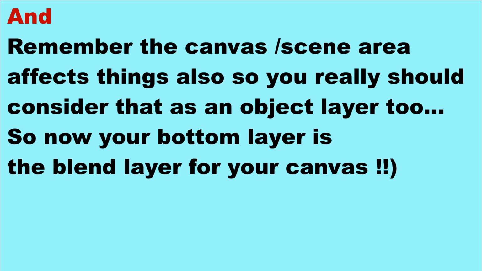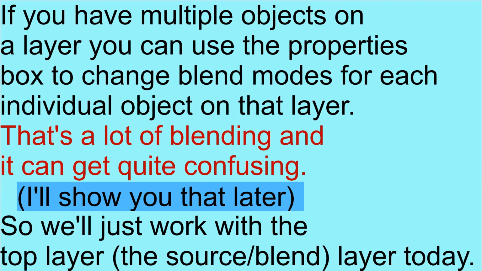I think I mentioned it in another video, you want to make that canvas whatever color you want to show as a background, especially if you're using transparency in your video. Now, here's something else that we'll talk about another time. If you have multiple objects on a single layer, you can use the properties box to change the blend modes for each individual object on that layer.